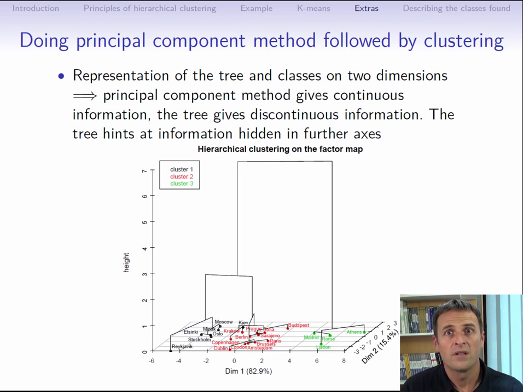In other examples, it may be that 3 or 4 dimensions are needed to interpret the PCA well. Overall, this kind of plot is very useful, bringing together class information and more subtle information from the vector plane.